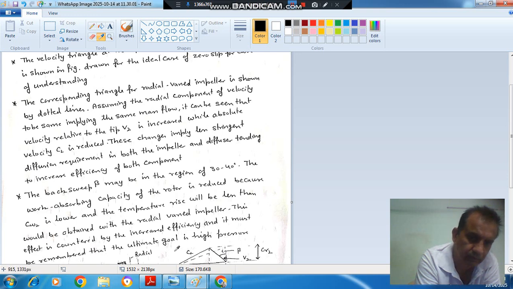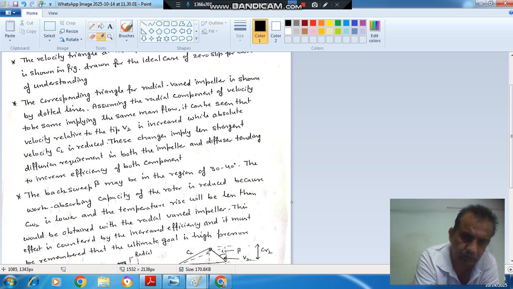In case of radial vane this was C2, now this is your C2. These changes imply less stringent diffusion in both impeller and diffuser, tending to increase efficiency of both components.